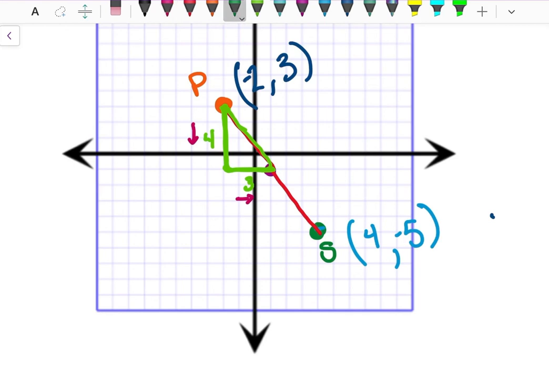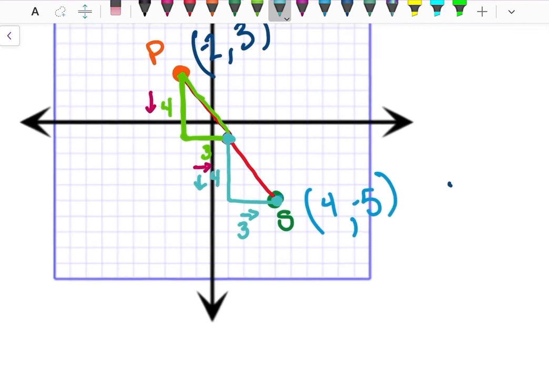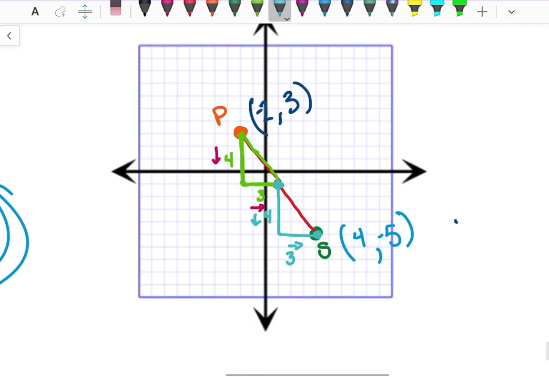Now, if I start at my midpoint and make another triangle to get to my other endpoint, you can see I went down 4 again and right 3 again. So those are the same triangles. So I can create another point going that same distance. It's kind of like slope, where it has the same slope, but it's right in the middle. So that's how we can figure that out.